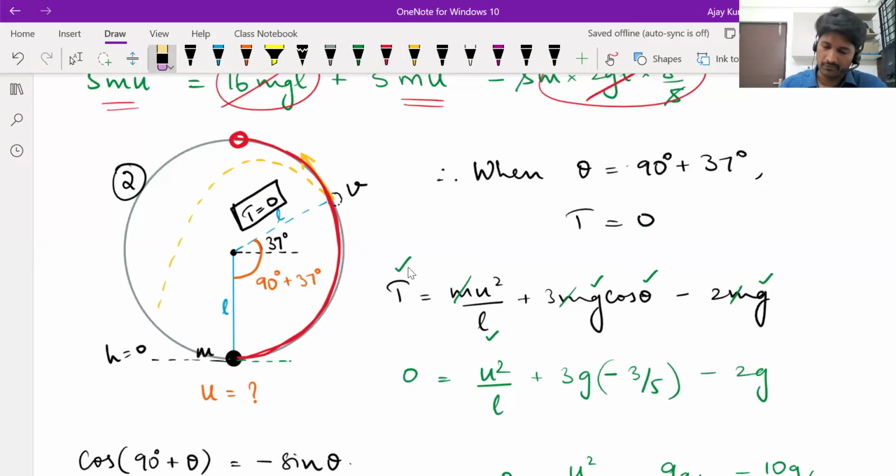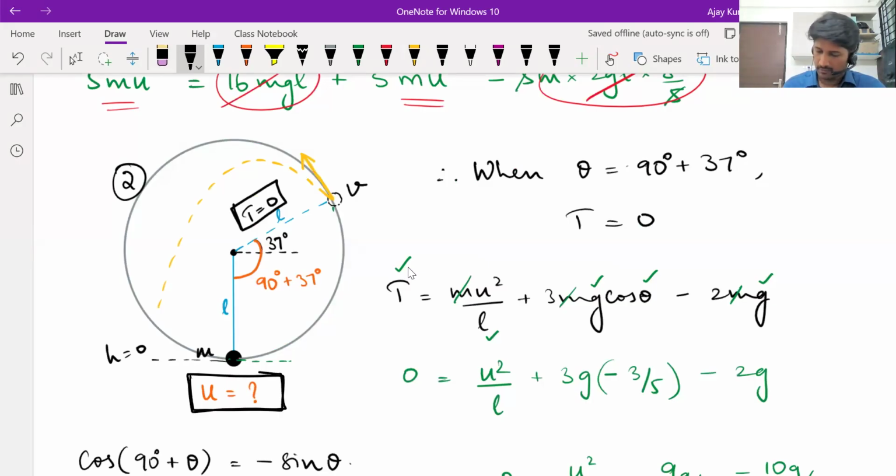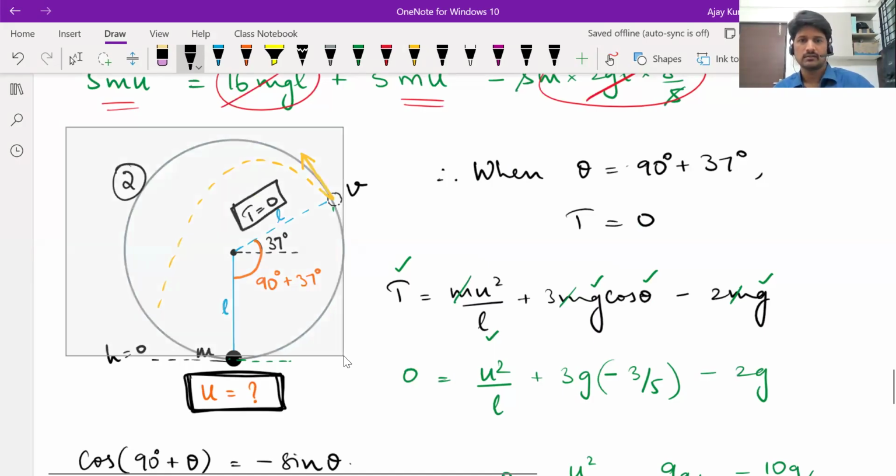Solve that problem now, all of you. In the last problem, you found out the speed at the bottommost position, which will enable the bob to go along the circle up to an angle 37 degrees above horizontal. Now what we want is this. I'll draw the diagram.